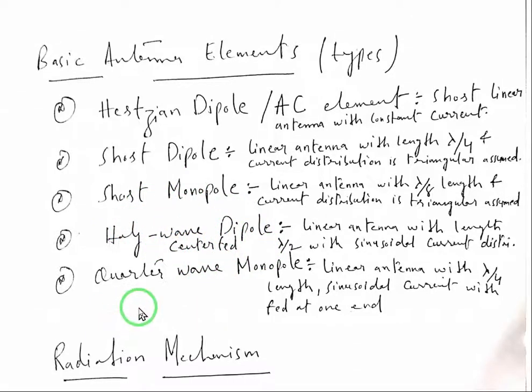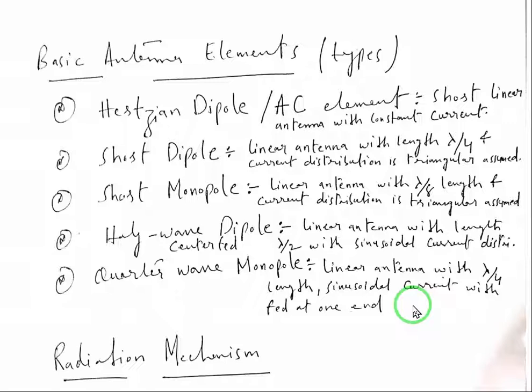The next one is the quarter wave monopole. Quarter wave monopole again has one pole above the earth and the other inside the earth. It also comes under the category of linear antenna with a length of lambda by 4, that is half of the half wave dipole.